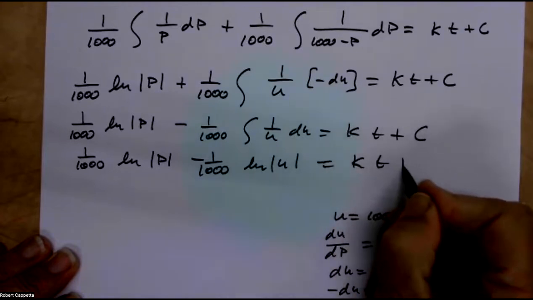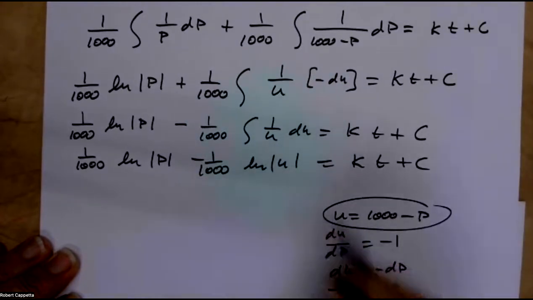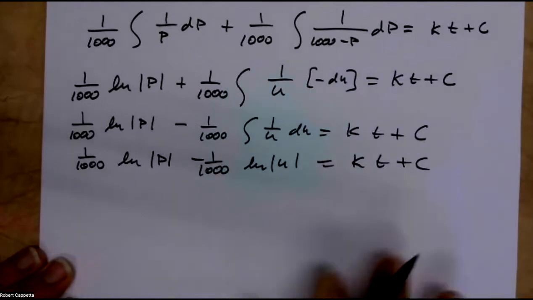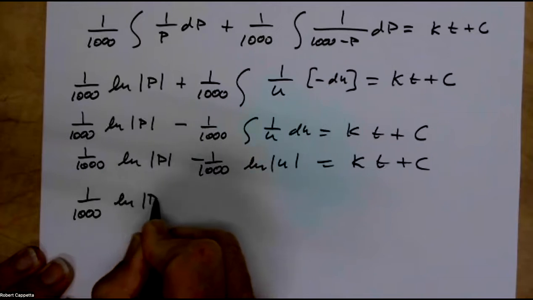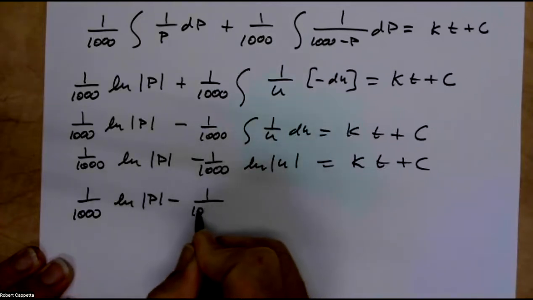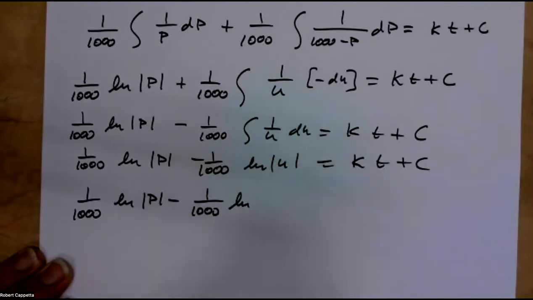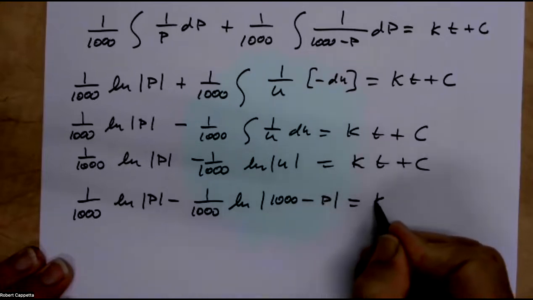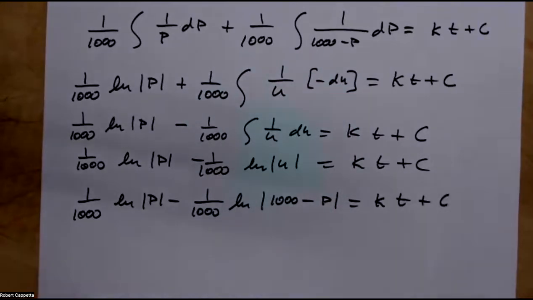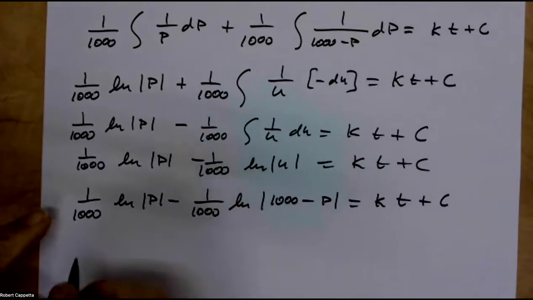That's good enough. What is u? u is 1,000 minus P. We're going to make that change. So we have 1 over 1,000 log P minus 1 over 1,000 log (1,000 minus P) is kt plus C. Well, what can we do here? I certainly could factor out the 1 over 1,000.